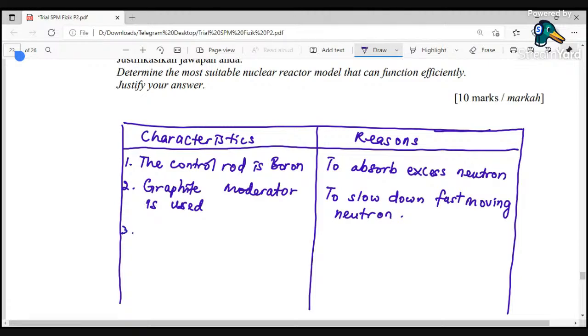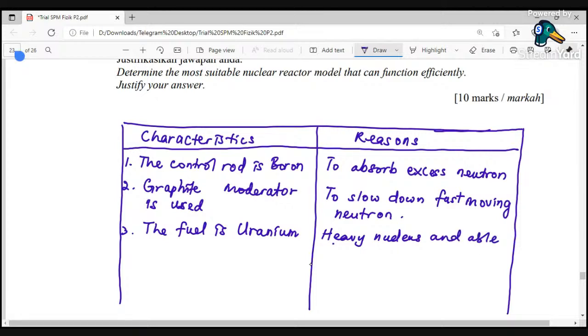Okay, 3. The fuel is uranium. Heavy nucleus and able to produce large energy.